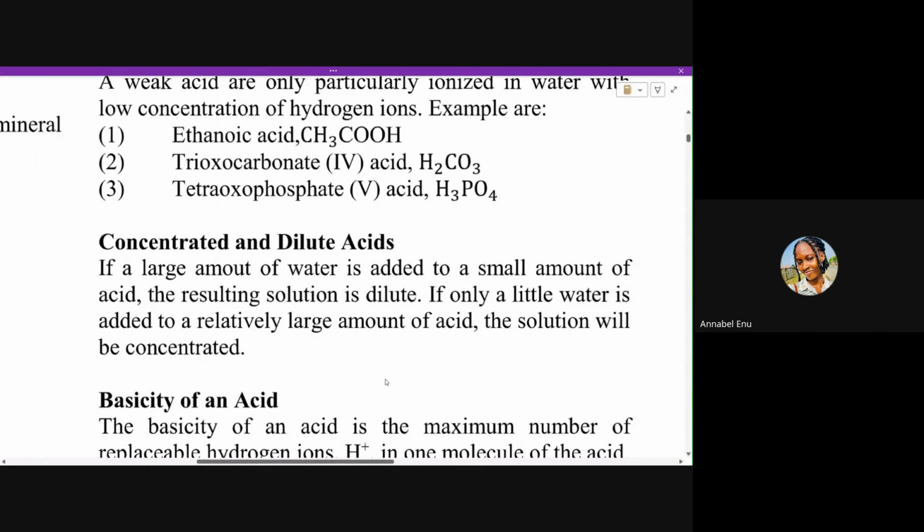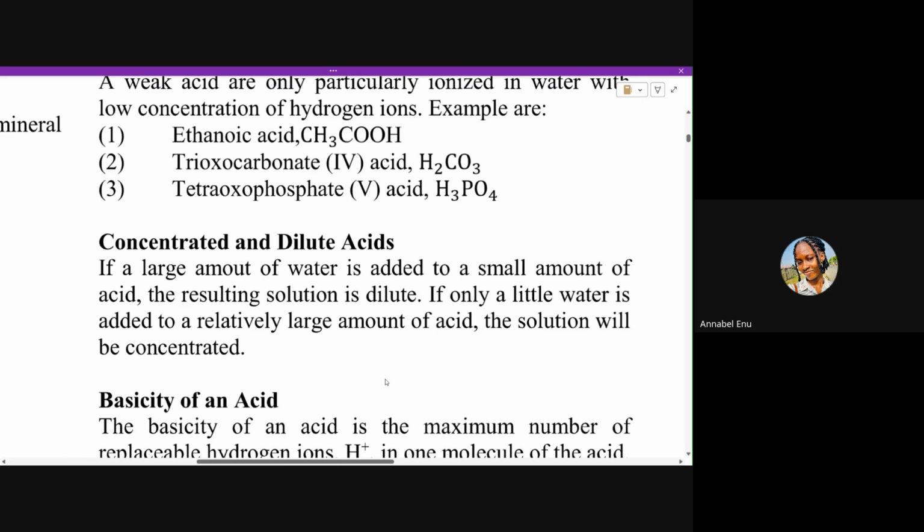Now, when we talk about what concentrated or dilute acids are, a concentrated acid is an acid that has, since we've been talking about acid, we've been focusing on the hydrogen ion, right? So that means the hydrogen ion being formed is a huge part of what makes something an acid.